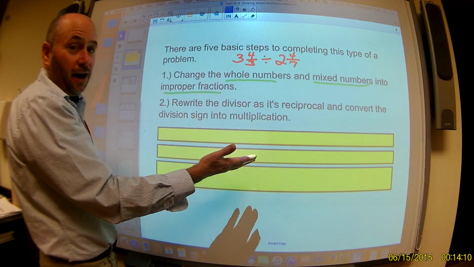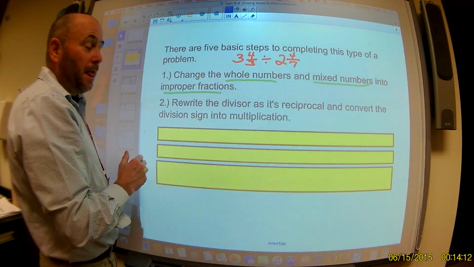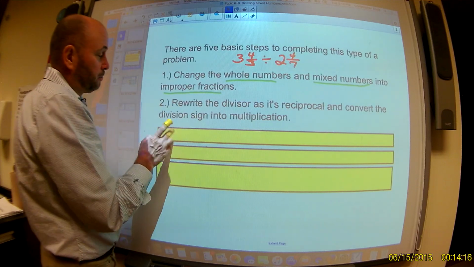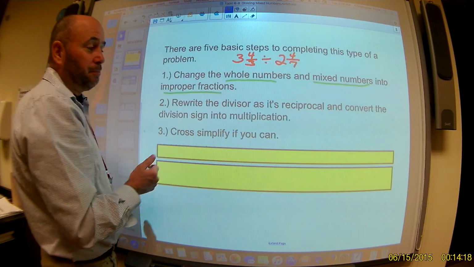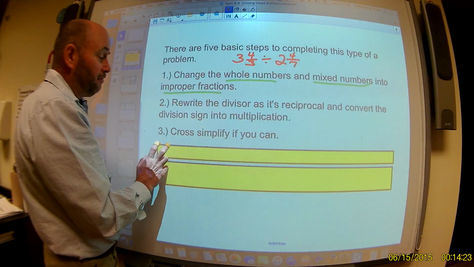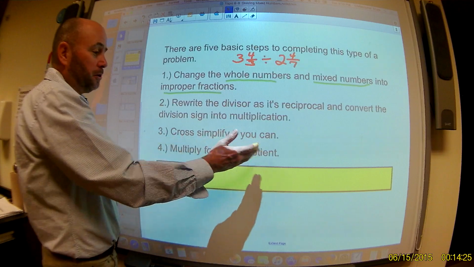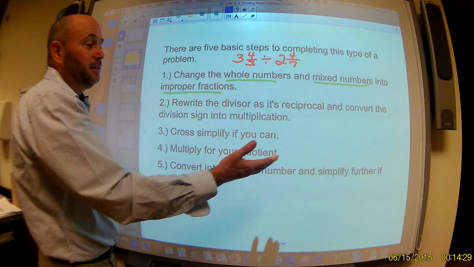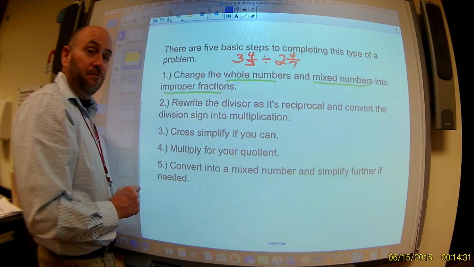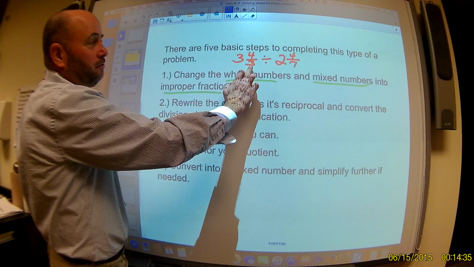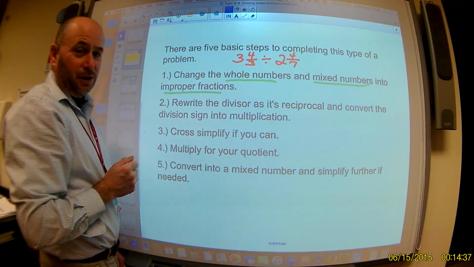You rewrite your divisor as its reciprocal and convert division signs into multiplication. You cross-simplify if you can to help reduce your final answer. You multiply for your quotient, and then you convert into a mixed number and simplify further if needed. Those are your basic steps for dividing a mixed number by a mixed number.